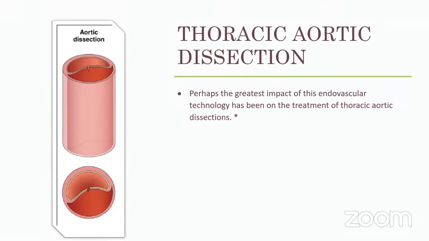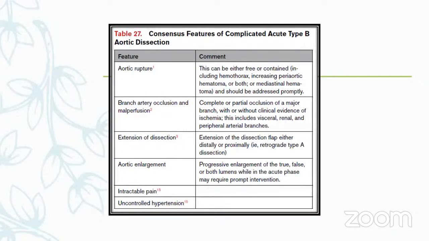So what are the criteria for the complicated acute type B aortic dissection? The first one is rupture, either free or contained rupture. There is branch artery malperfusion, either complete or partial.